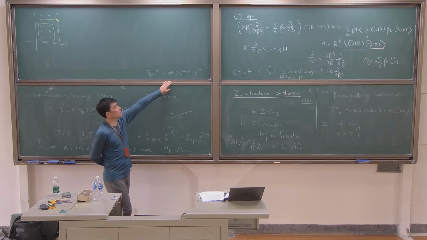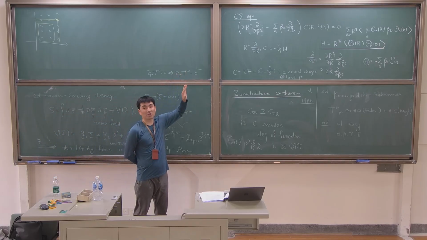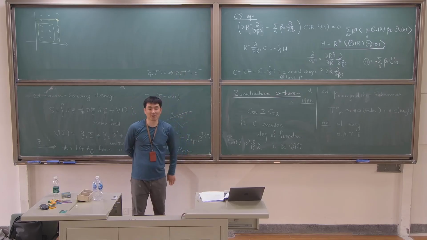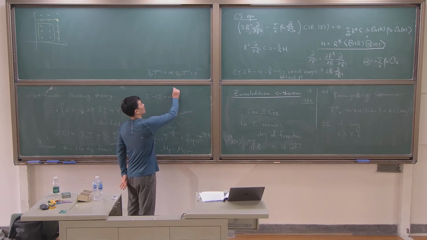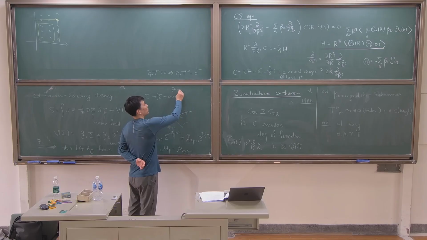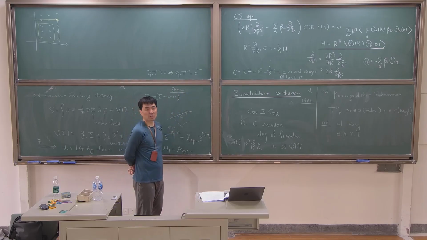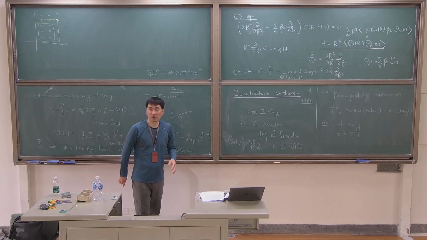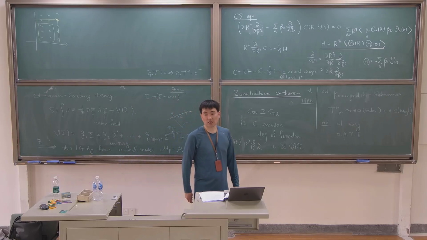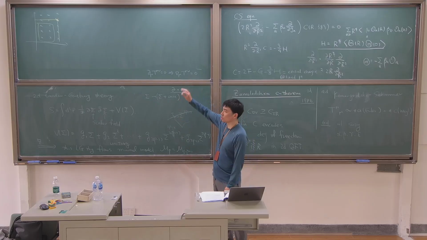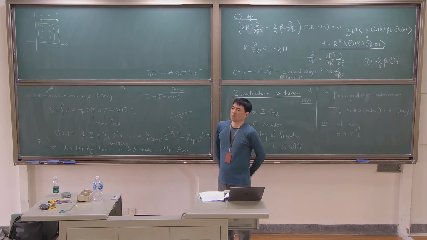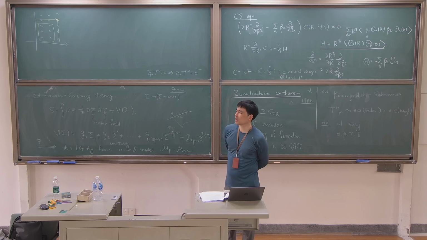So in two dimensions, this is the covariant derivative, but you can make it more like a partial derivative up to some small function. You can handle this small function by using some complex analysis techniques. So it's not so difficult to generalize the c-theorem to the curved background space-time version of the c-theorem.